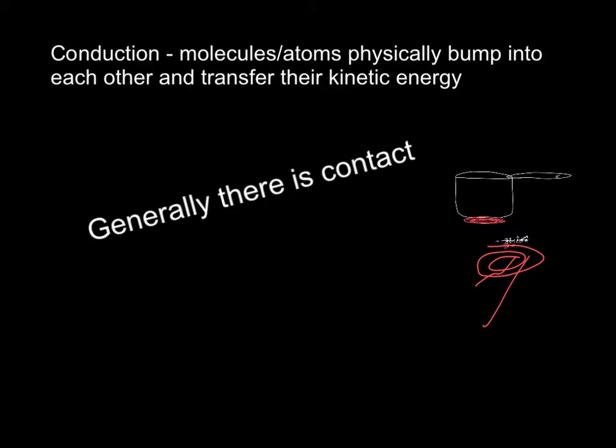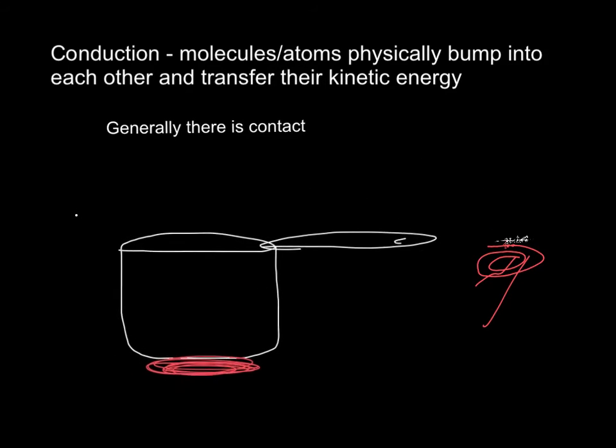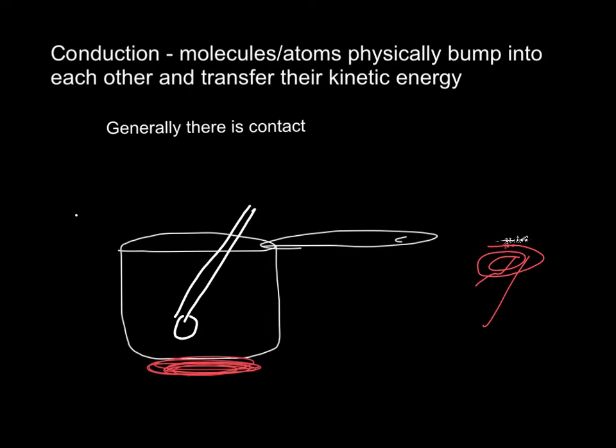In conduction, there is some sort of contact between two different materials and atoms within a material. Let's say we put a spoon into our pot. So our pot's getting all hot. Okay, that's a lovely spoon, isn't it?